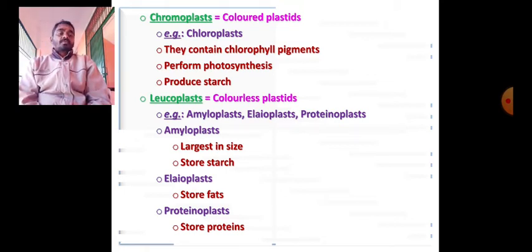Proteinoplasts only store proteins. It's easy, no? Proteinoplasts, the name itself has protein in it. Elaio means fat storing structure, so elaioplasts store fat materials. That way you can differentiate. Amyloplasts store starch. Elaioplasts store fats. Proteinoplasts store proteins.